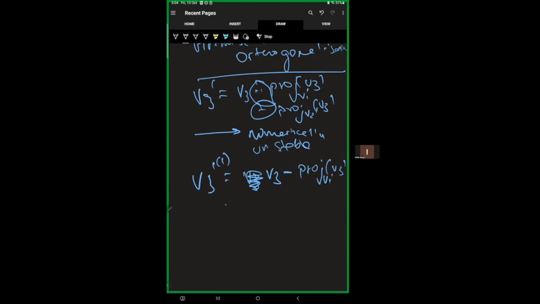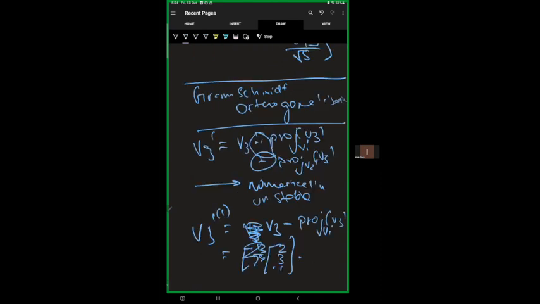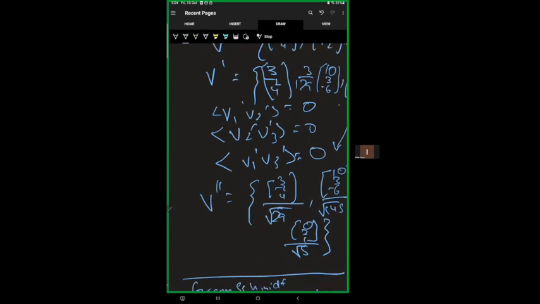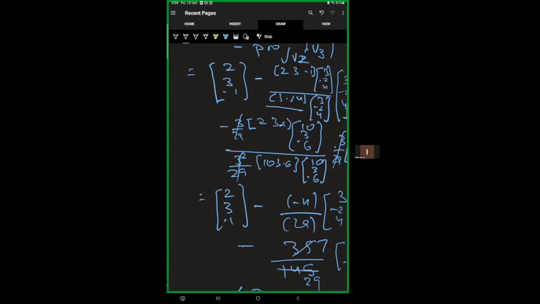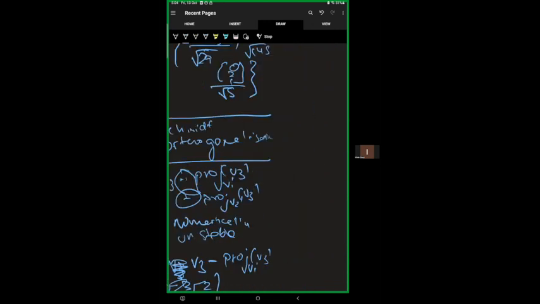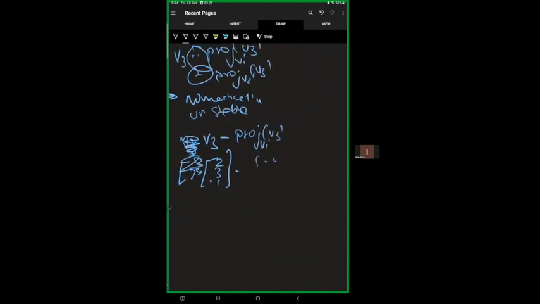This would yield us (2, 3, -1) minus, since this is the same term as before, simply minus 4 by 29 into (3, -2, 4).